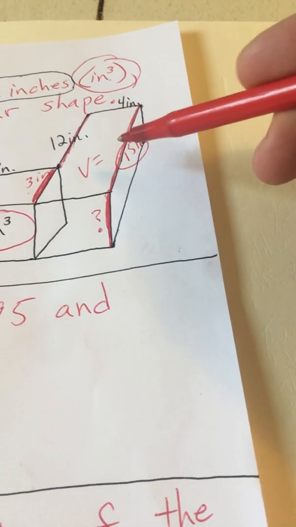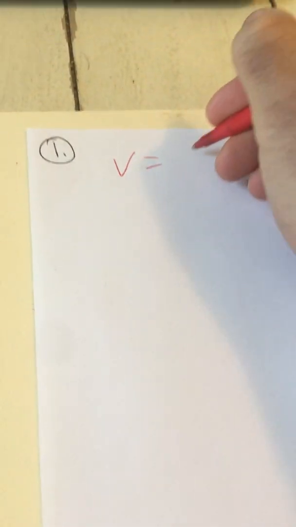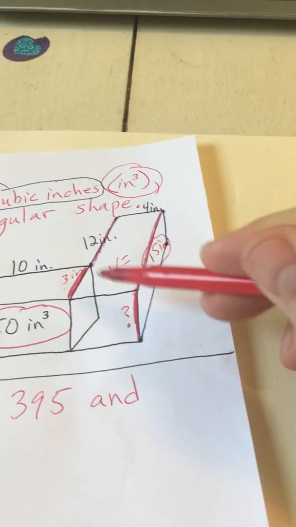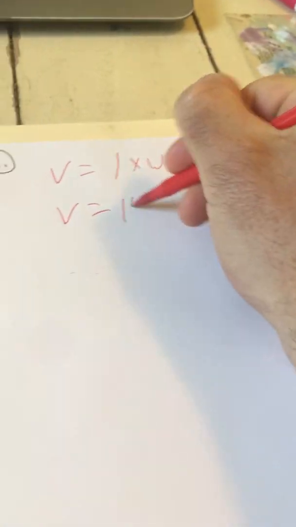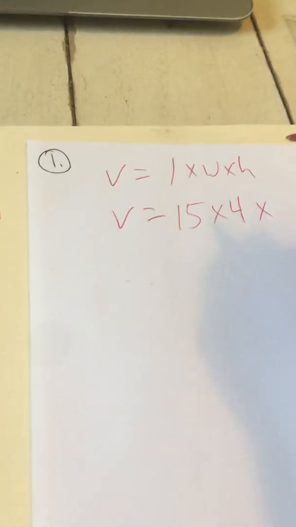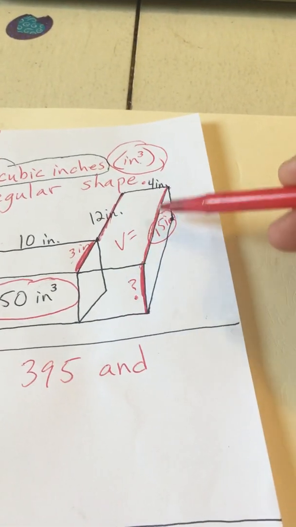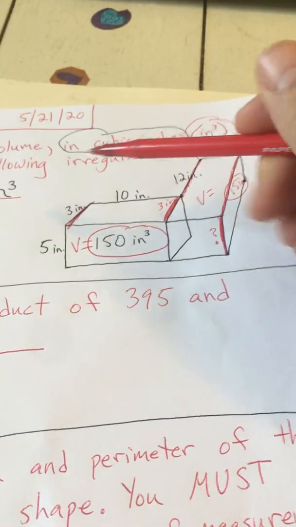So now we have two of the dimensions. We have 4. So the volume is length times width times height. The volume is 15 times 4 times, now we need to know the height. So we have the length, we have the width of 4, now we need to know what's the height. Same thing we just did.